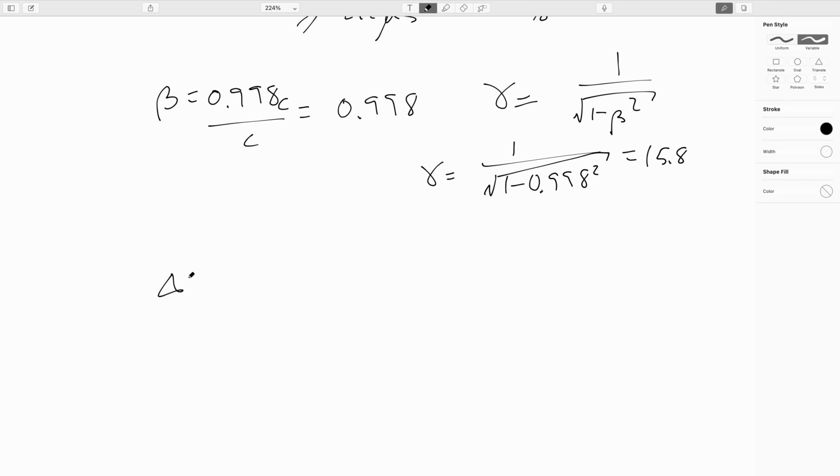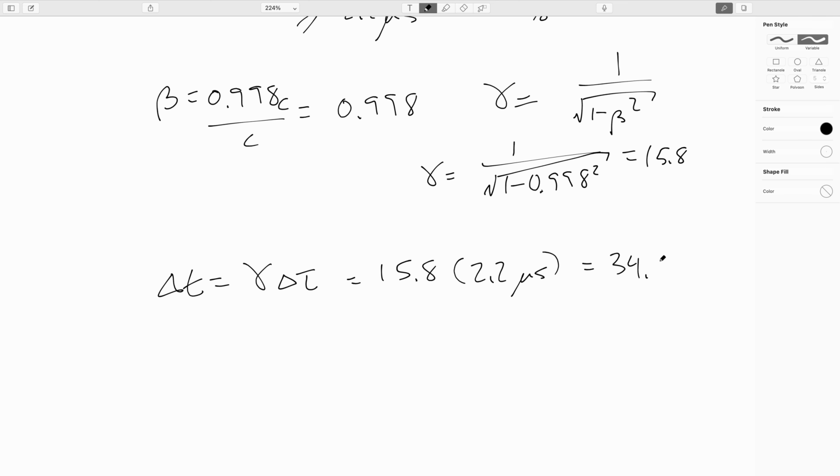2.2 microseconds that we need basically for the muon to make it to the surface of the Earth, the time that we measure it taking will be gamma times the 2.2 microseconds. So this would be 15.8 times 2.2 microseconds.